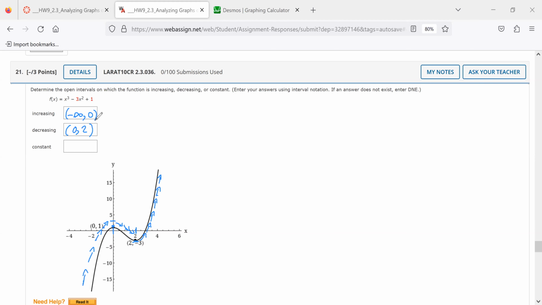The y value is 1, right? Not the x. The next chunk would be, yeah, 2. So right after the 2, we begin to increase. So what you would do is put a union symbol and say 2 until forever.